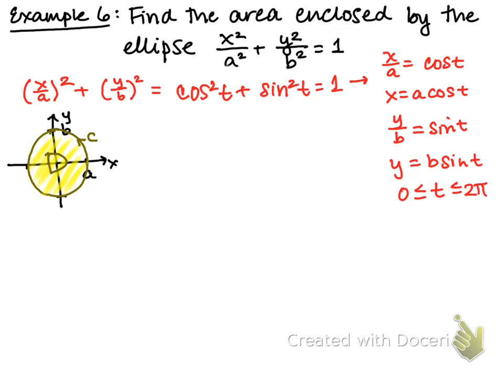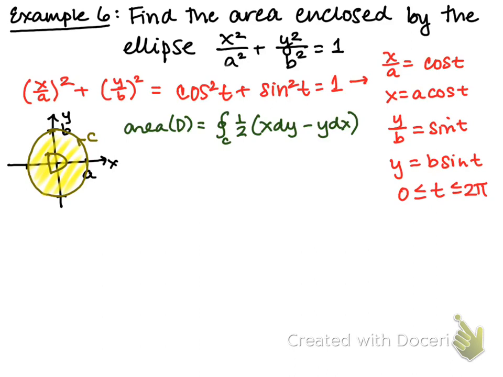Okay. So the area formula that we had earlier, the area of D is the line integral over positively oriented C of 1/2 x dy minus y dx, which is the average of the first two.